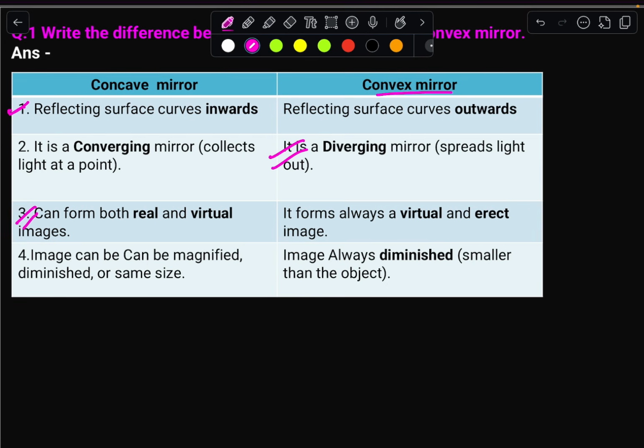So we can say that a concave mirror produces real images also, virtual images also, but a convex mirror always produces a virtual image, not real. If you see point number 4, in case of concave, the image was diminished also, enlarged also. In case of convex, the image is always going to be diminished.